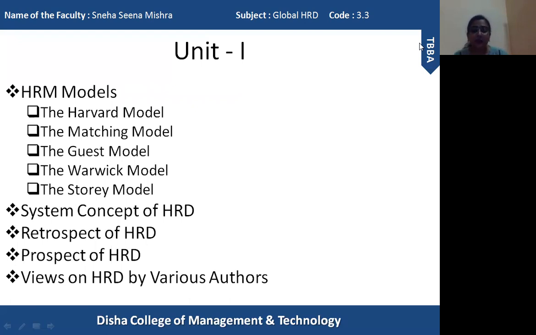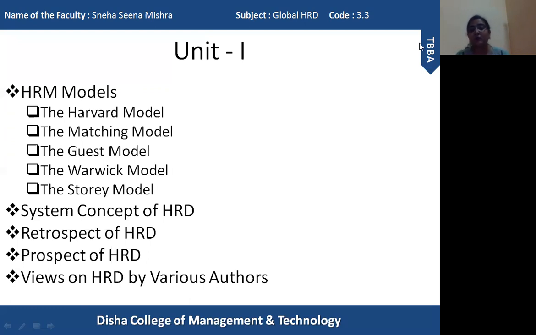Now I have explained around 5 HRM models, and each and every model is extremely important because these are the basic foundation of HRD: Harvard model, matching model, Guest model, Warwick model, and Story model. These are very strong models which explain different points of view regarding HRD.